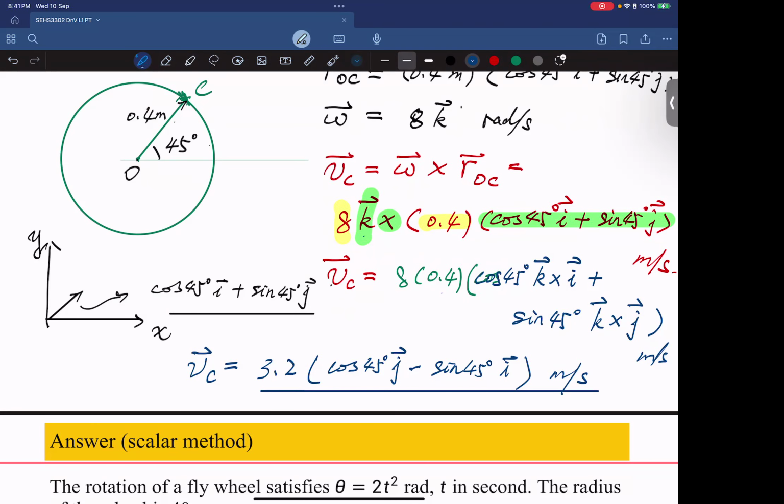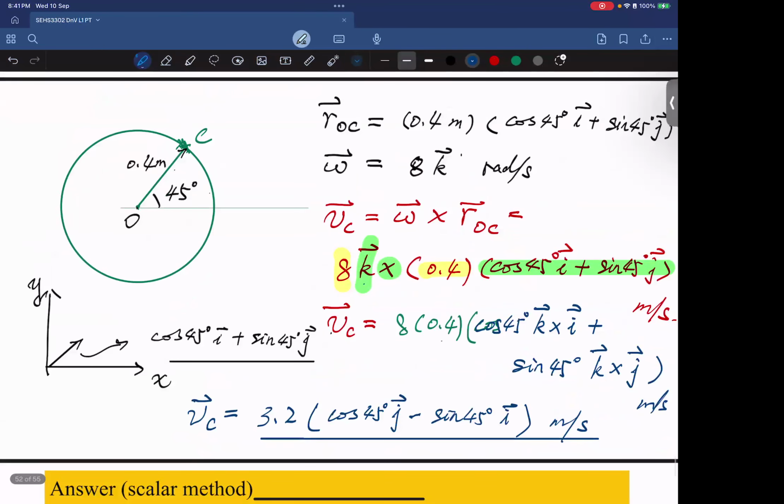And as an engineer, we need to interpret this result. What does it mean? It means a velocity with 3.2 as the magnitude, and the direction is cosine 45 J minus sine 45 I. What is this direction?